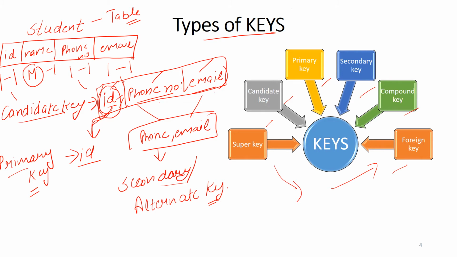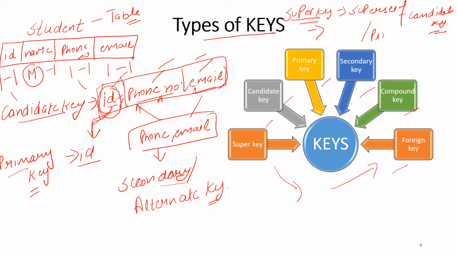So now what is a super key? A super key is a superset of candidate key, or you can say primary key also. In a super key, you have all the candidate keys, like all the columns which can identify your table uniquely, or you can have the primary key plus any common attribute.